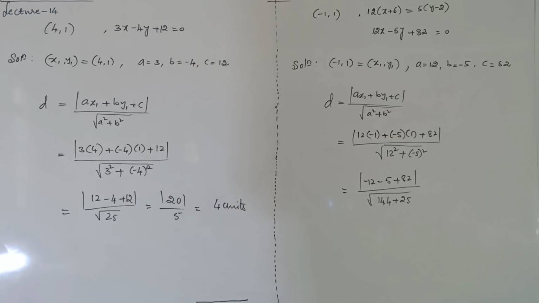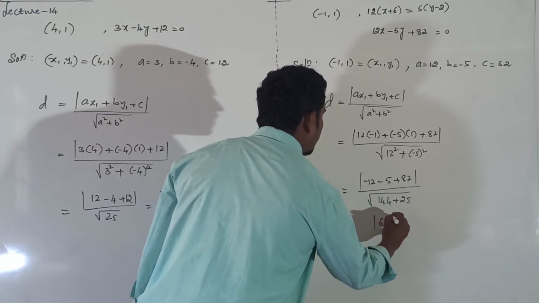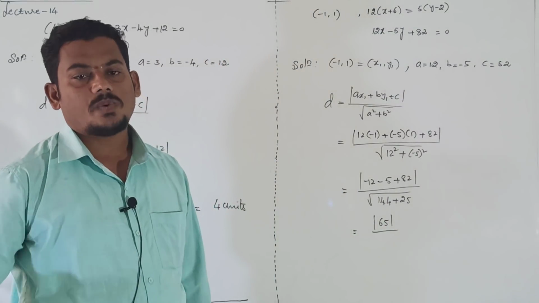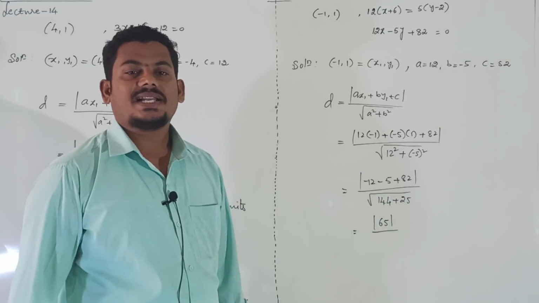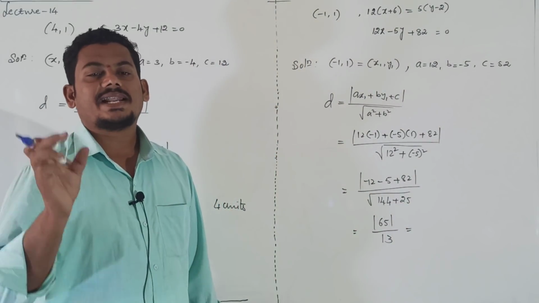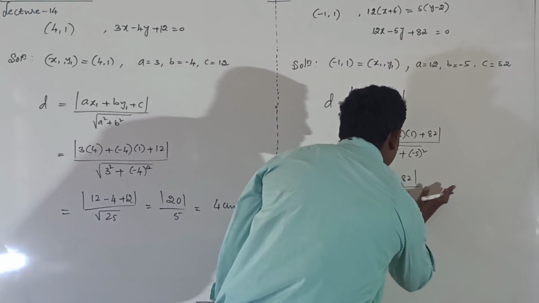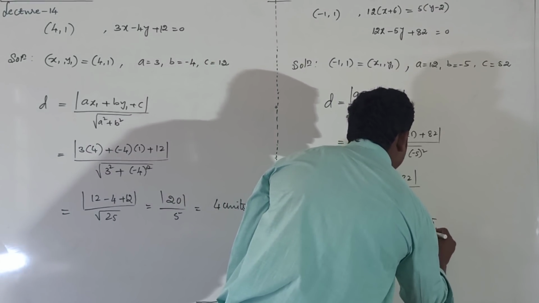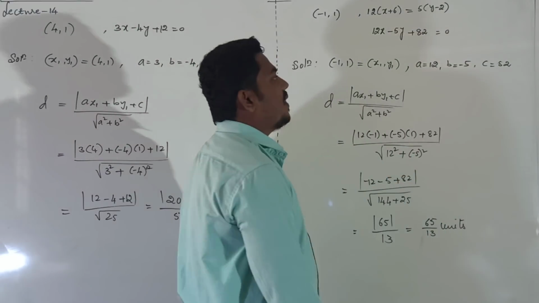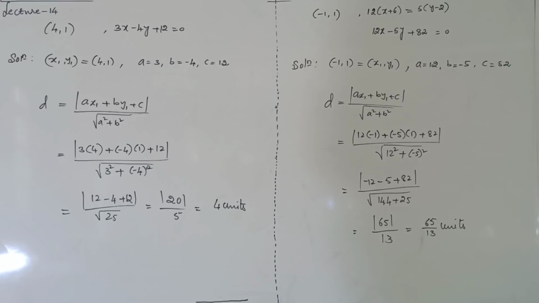Now usual simplification, minus 17 plus 82 means 65, modulus of 65 divided by square root of 169, square root of 169 means 13, that's equal to, this modulus sign just considers positive value, because distance is always positive, so 65 divided by 13 units, distance between point and line or distance of a point from the line, right? Next problem.